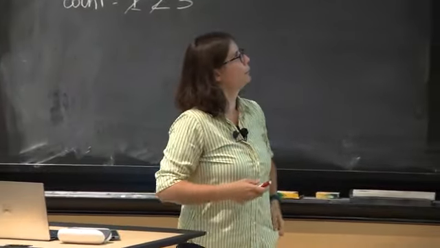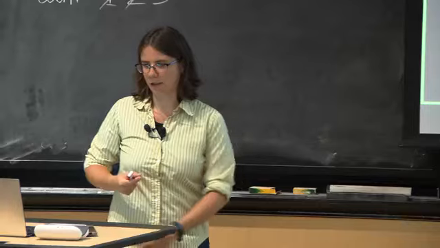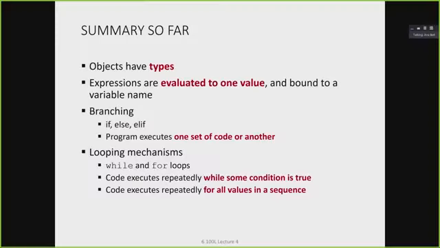Okay, so quick summary of what we've seen so far before we start looking at our first algorithm. We've seen objects, right? That's how we write Python programs. We manipulate objects by saving them to variables so the values are more easily accessible. We have expressions that evaluate to different things: integers, floats, booleans, things like that. We added branching as a control flow mechanism to our program.